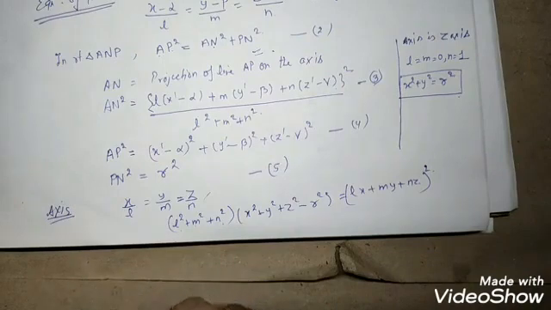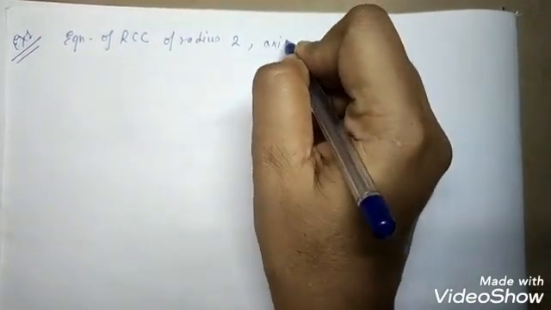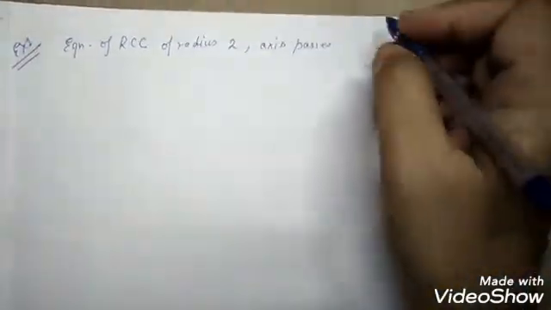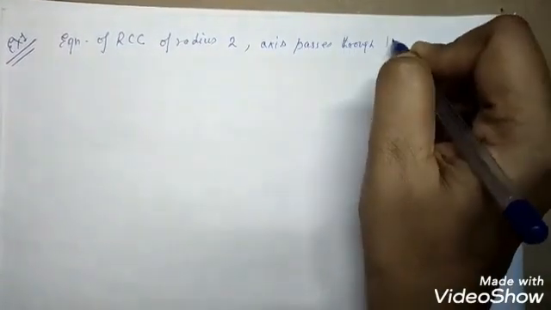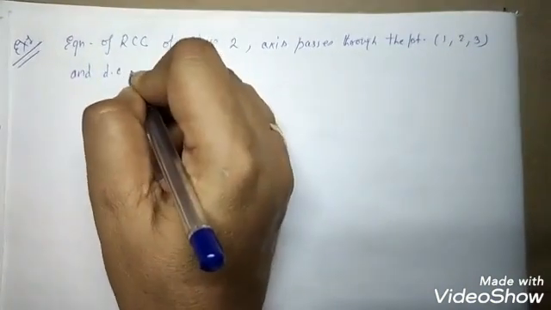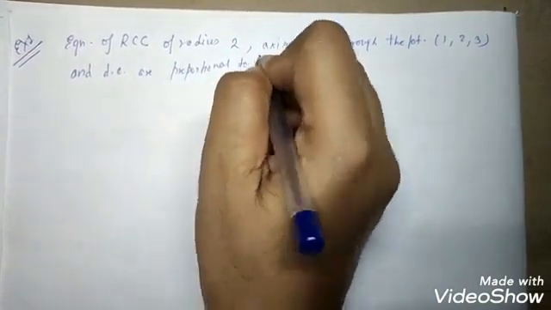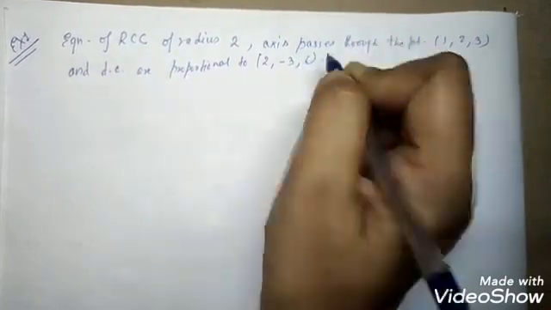Now let us see some examples on this. The first example is to find the equation of the right circular cylinder of radius 2 whose axis passes through the point (1, 2, 3) and whose direction cosines are proportional to 2, -3 and 6.